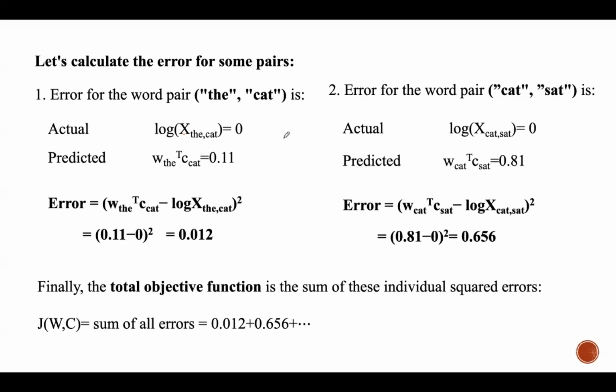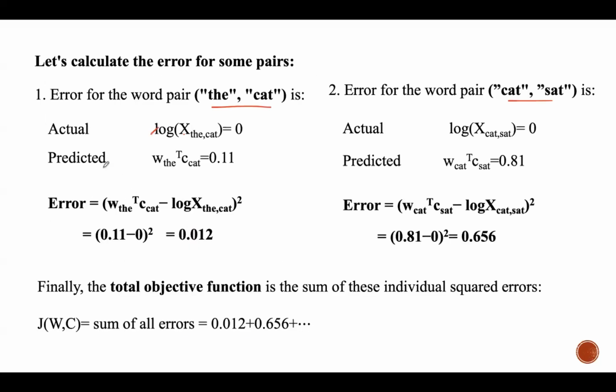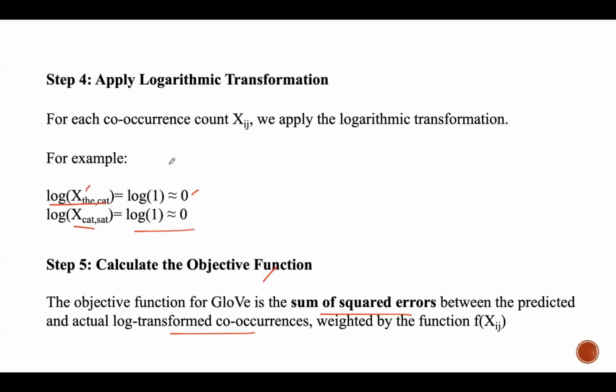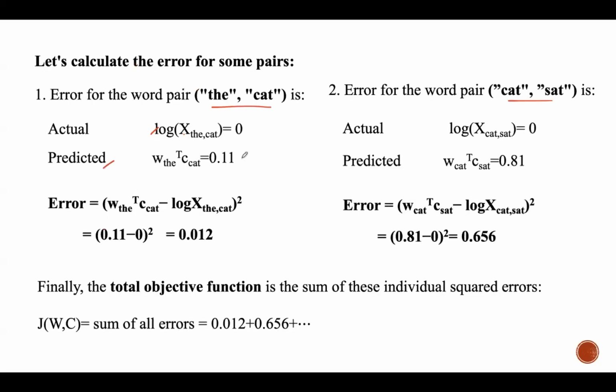Let us calculate the error for some pairs of words. Take the word pair the and cat, and the second word pair cat and sat. Let us calculate the error for these two word pairs. The actual value will be the log value, and as we calculated before, the log value for the and cat is 0, and the predicted value is the dot product. What is the dot product for the words the and cat? It is 0.11. So substitute them in this formula. Error can be calculated as dot product minus log value.